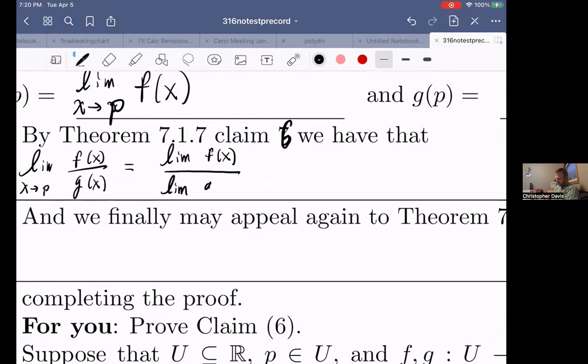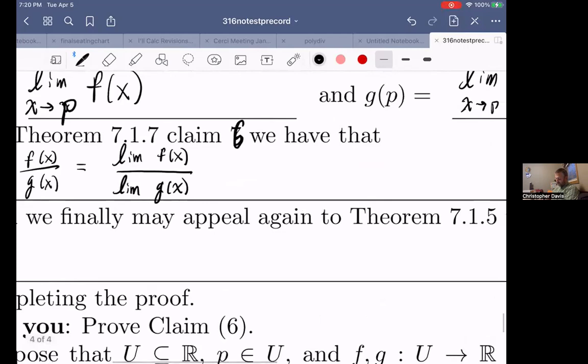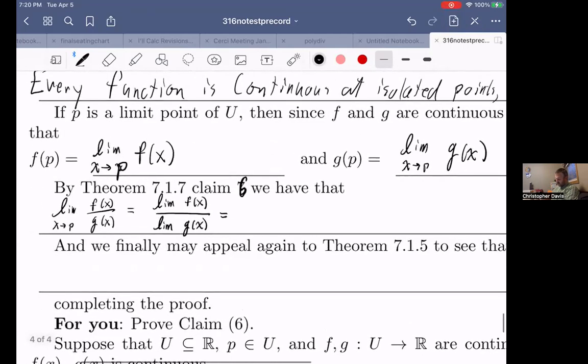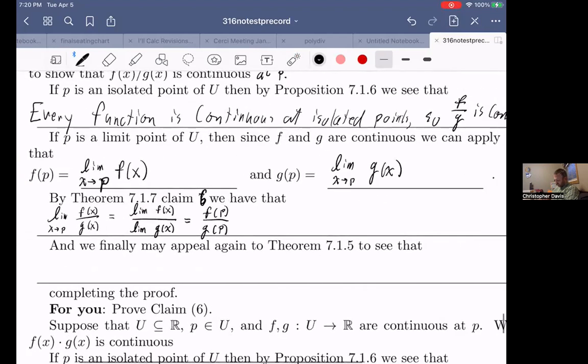There's only one place I'm taking the limit in this theorem, so I don't lose any information. Combining that with the line above, this is equal to f of p over g of p, since the limit as x approaches p of g of x is equal to g of p. So in particular, when you take the limit as x approaches p of this quotient function, you get the same thing as plugging in x equals p.